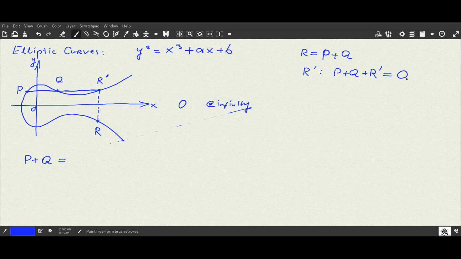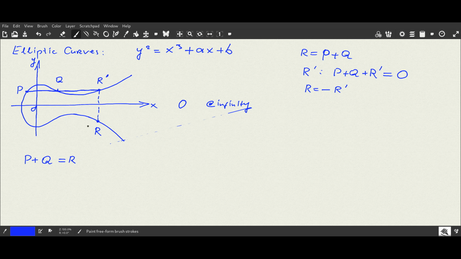Infinity plays the role of the 0 point in this very strange addition. Obviously, if we assume that P plus Q plus R prime is 0, and symmetry with respect to the x-axis is negation, then R is minus R prime, which means that R is exactly P plus Q.